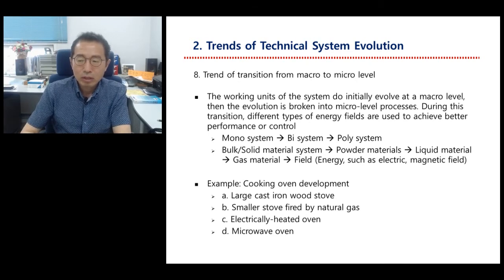Also, the working unit is generally made from a bulk solid material at first, but uses powder material as it progresses, and then develops into a liquid material or gas, followed by an electric field, a magnetic field, and an electromagnetic field. Let's see an example of this trend in the next slide.